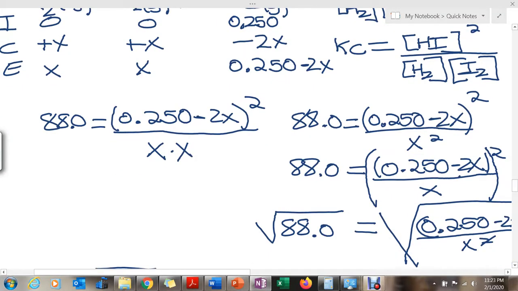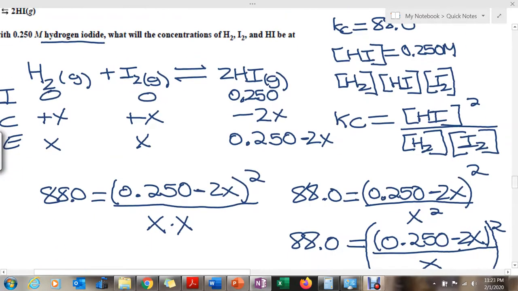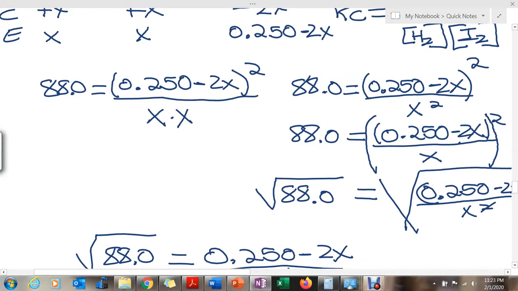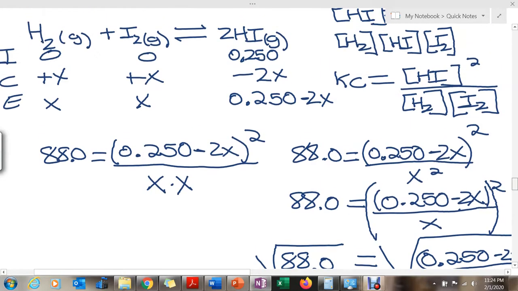Kc was 88.0. Then you have 0.250 minus 2x squared, that's the concentration of HI squared, divided by the concentration of x and x, the concentration of each one of the gases.